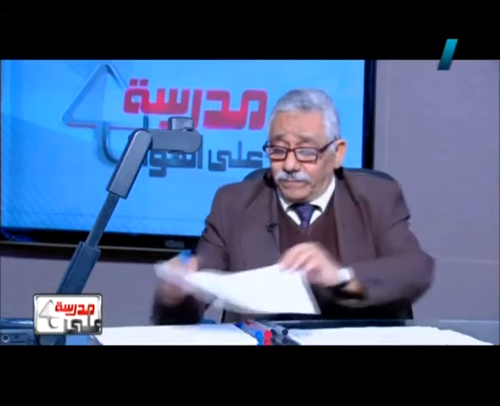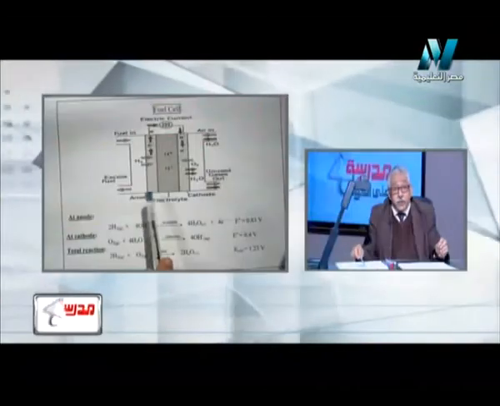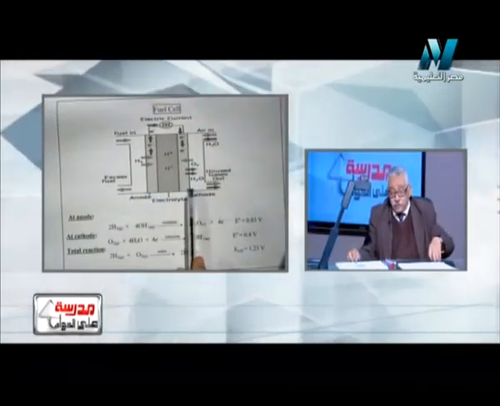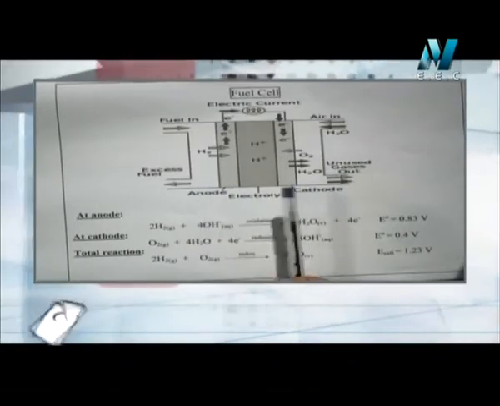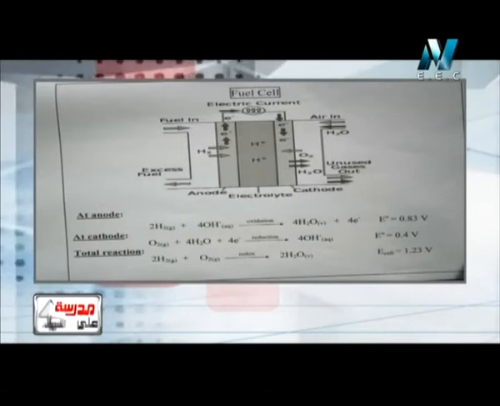Number 2, the fuel cell. This is an example of the fuel cell. It contains two cylinders, and the fuel, at the electrode and the anode, is hydrogen gas and oxygen gas.